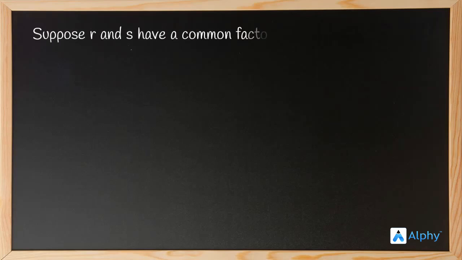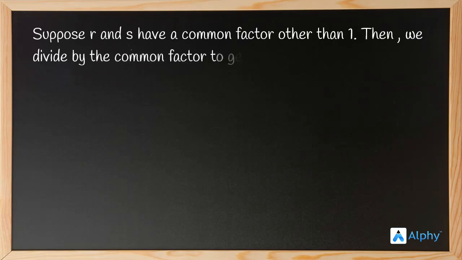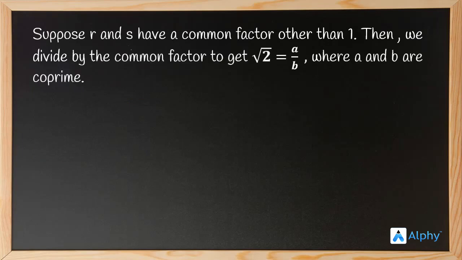suppose r and s have a common factor other than 1. Then we divide by the common factor to get root 2 is equal to a by b where a and b are co-prime. So as you know, in the p by q form also p and q are co-prime. So here we have assumed that maybe r and s have a common factor other than 1.